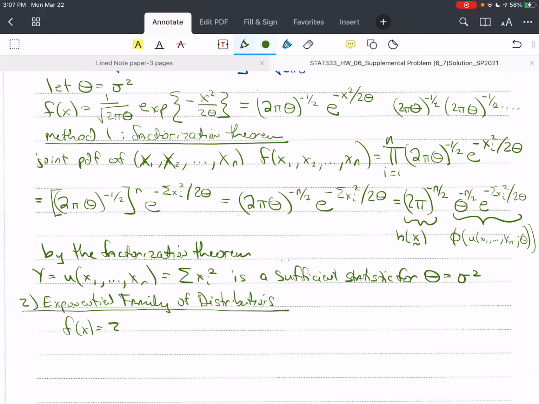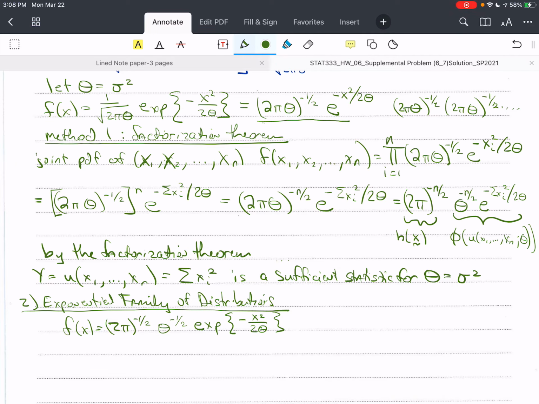So we have (2 pi) to the negative 1/2, and then we have theta to the negative 1/2. I'm looking at this formula here, okay? And then we have exp of negative x squared over 2 theta.